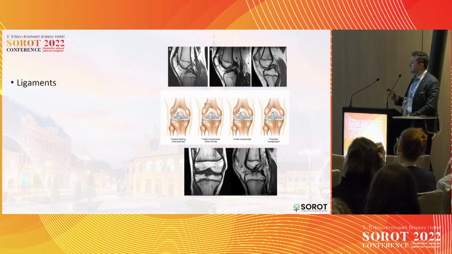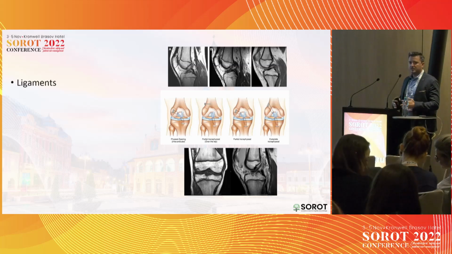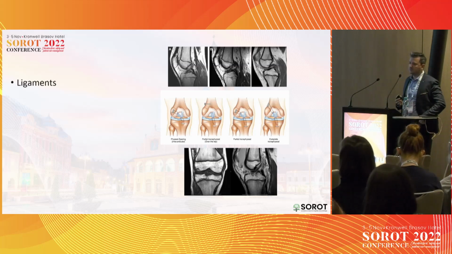We'll start with all the structures that we encounter, and of course we have the ligaments. Ligament injury is the most frequent pathology in pediatric arthroscopy, especially for sports individuals like athletes or professional players.